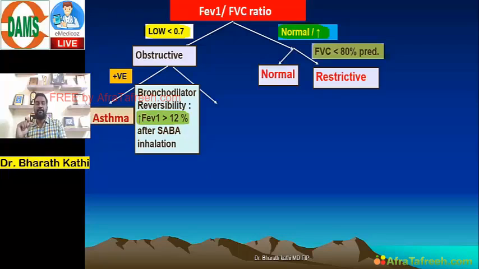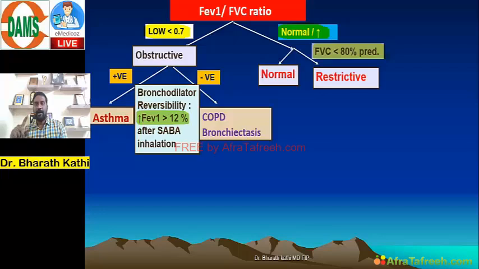So what is reversible airflow limitation? It is asthma. If there is no significant bronchodilator reversibility, it can be a not reversible airflow limitation, either COPD or bronchiectasis. And you can easily differentiate COPD and bronchiectasis based on clinical history.